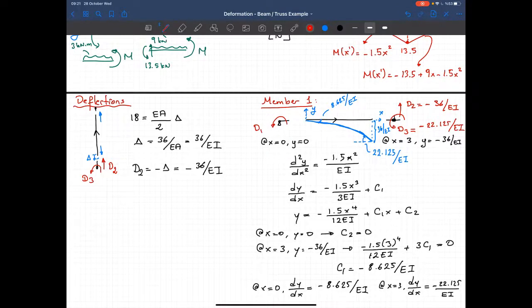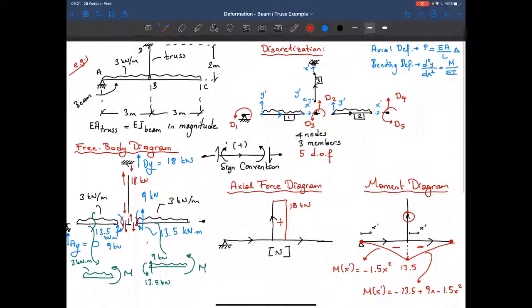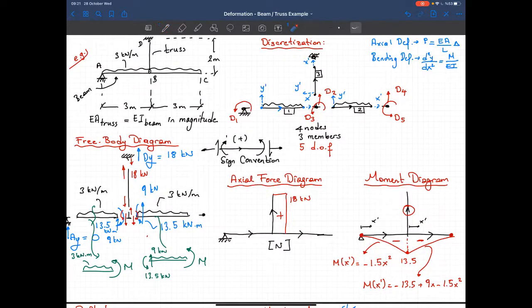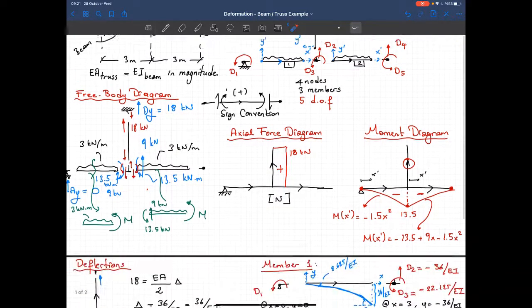Now, if you go back to our discrete structure, I determined the value of D2 and D3. And again, if I repeat the same procedure, I can obtain the values of D4 and D5. So let's do that.